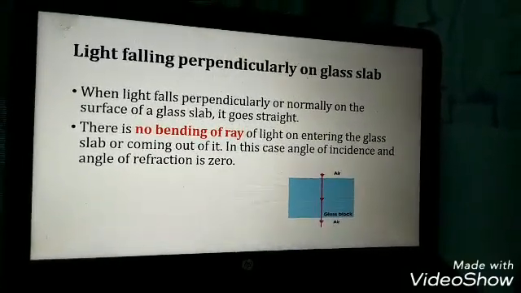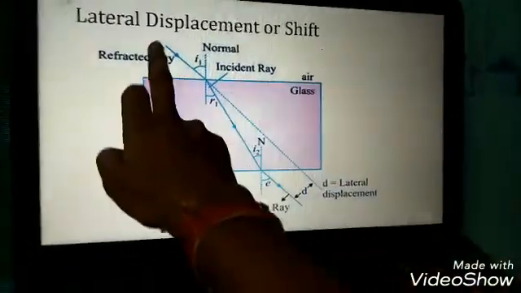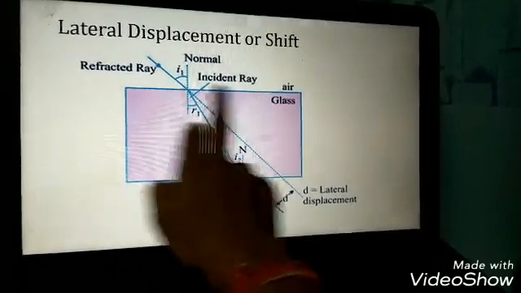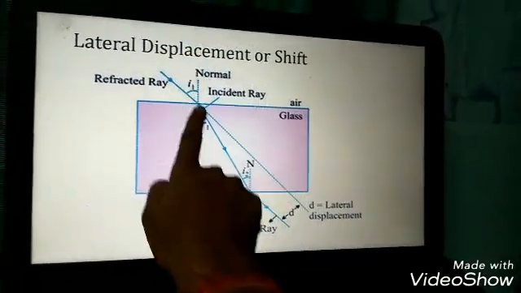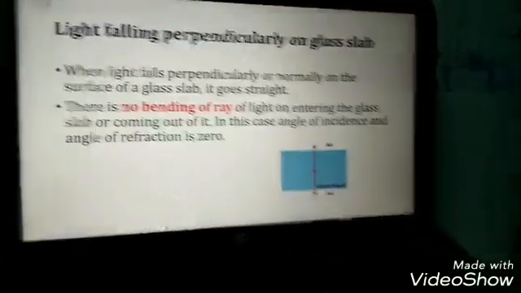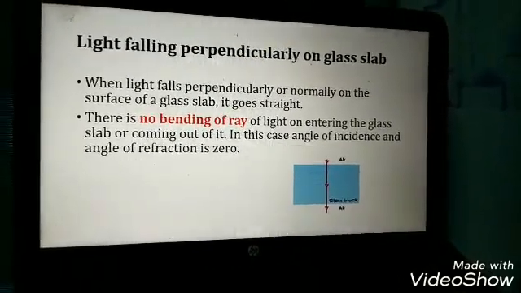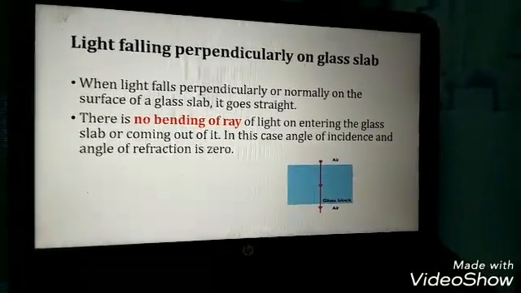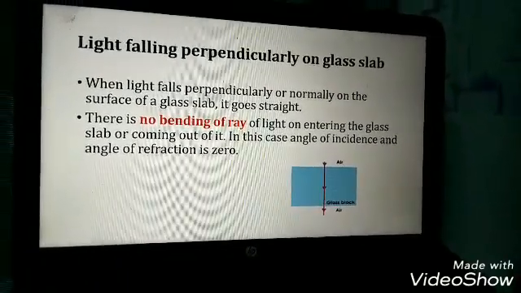Now the second question is, what happens when the light ray is applied perpendicularly on a glass slab? In the previous experiments we saw that the incident ray is given at an oblique angle towards the glass slab. Instead, if you give the incident ray perpendicularly, along the normal, what will happen? When light falls perpendicularly or normally on the surface of the glass slab, it goes straight. There is no bending of the light ray on entering the glass slab or coming out of it.